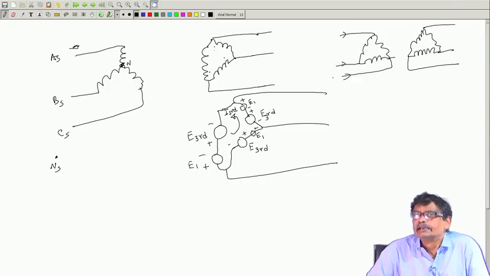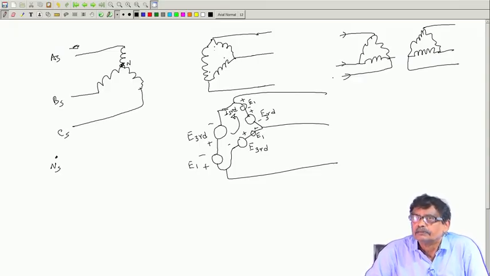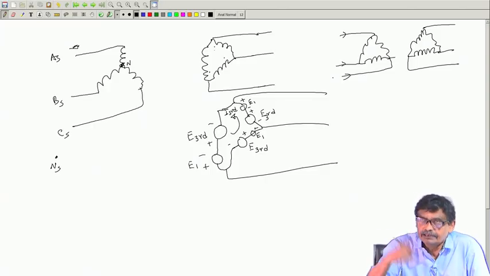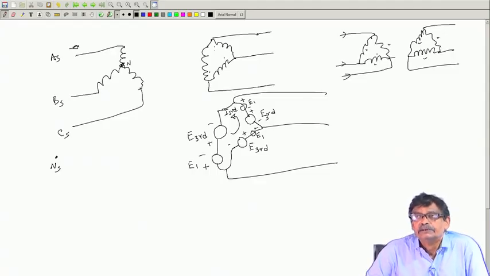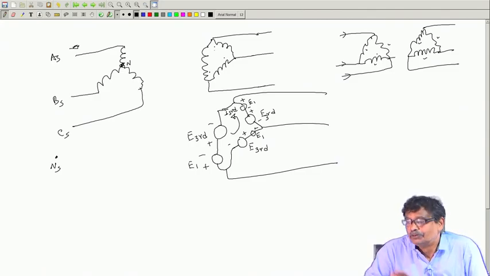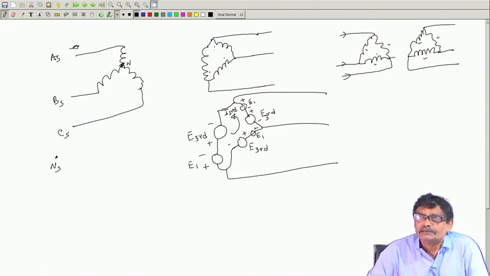If that is so, then flux will have a third harmonic component. But if flux has a third harmonic component, it will induce third harmonic voltage here as well as there, and both will circulate the needed third harmonic current, which will not be reflected in the lines.